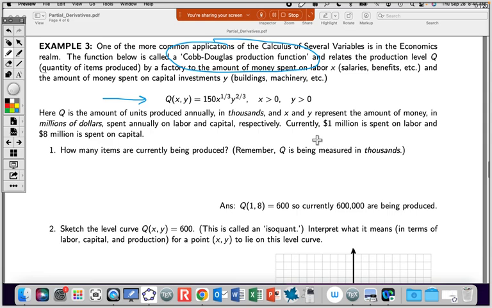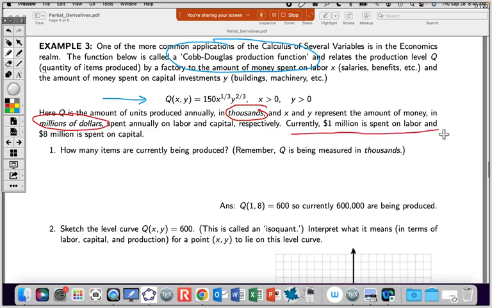Y represents the amount of money spent on capital investments, so those are things like buildings, machinery, and things like that. And Q represents the amount of units that are going to be produced. So in this particular case, Q represents the units produced in thousands, and X and Y each represent the amount of money invested in millions.